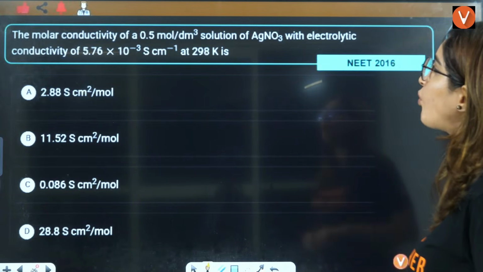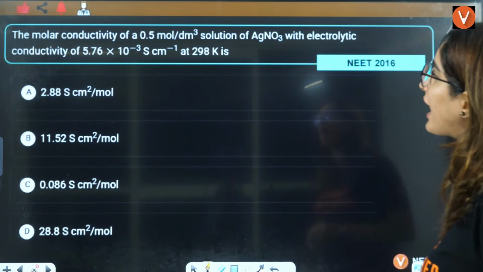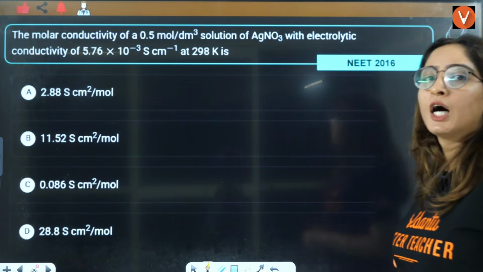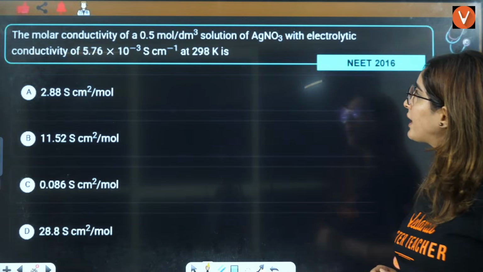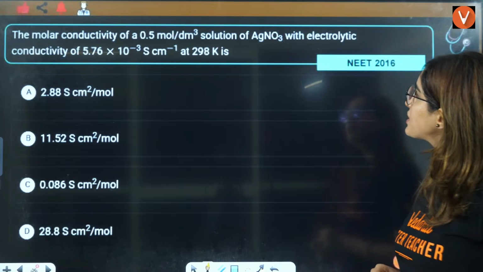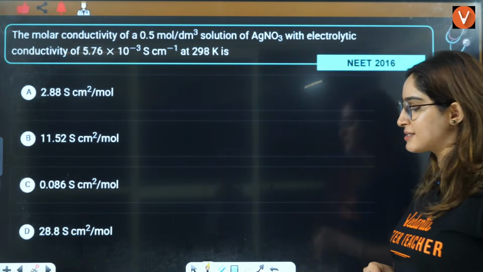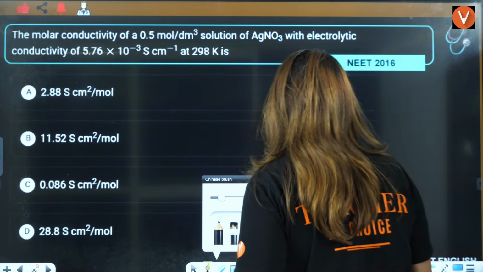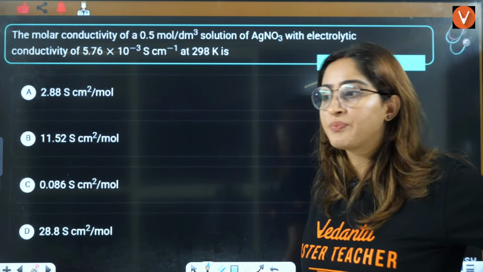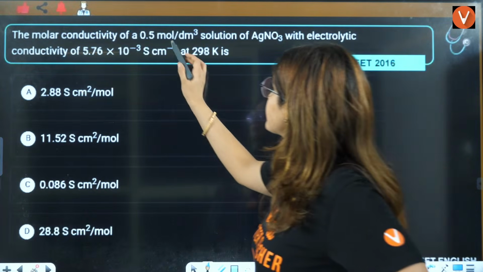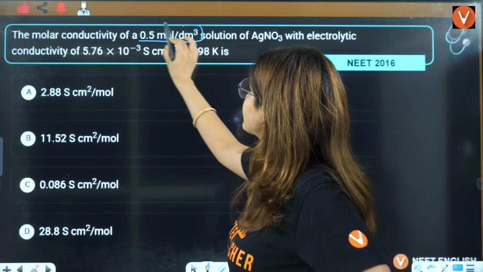It says that molar conductivity of a 0.5 mole per decimeter cube solution of an electrolyte, conductivity is this. Now it's a game of units as well, right? So if you see this, this is mole per decimeter cube.